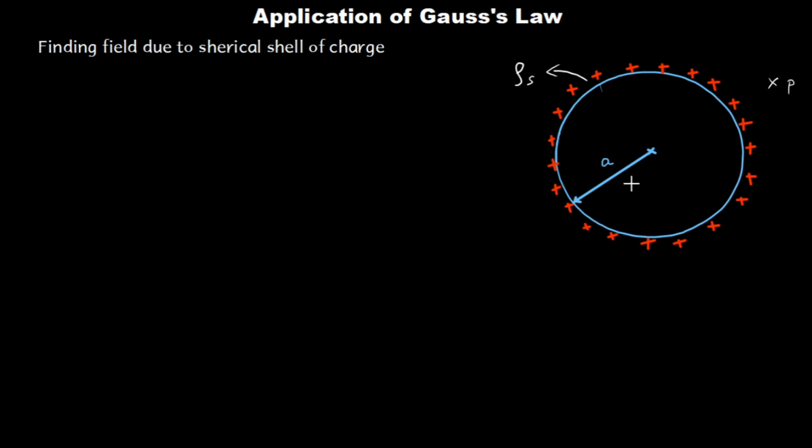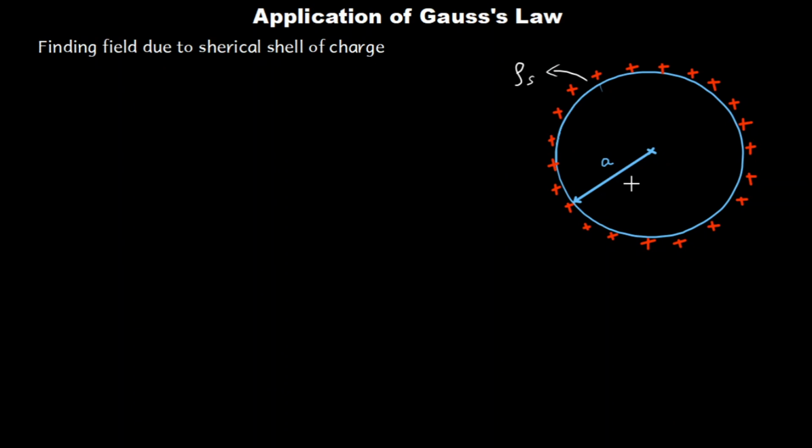That means I should be able to calculate electric field intensity in all these three cases: when point P is inside the shell, when the point P is lying on the shell, and when the point P is just outside the shell. So let us pick these cases one by one.